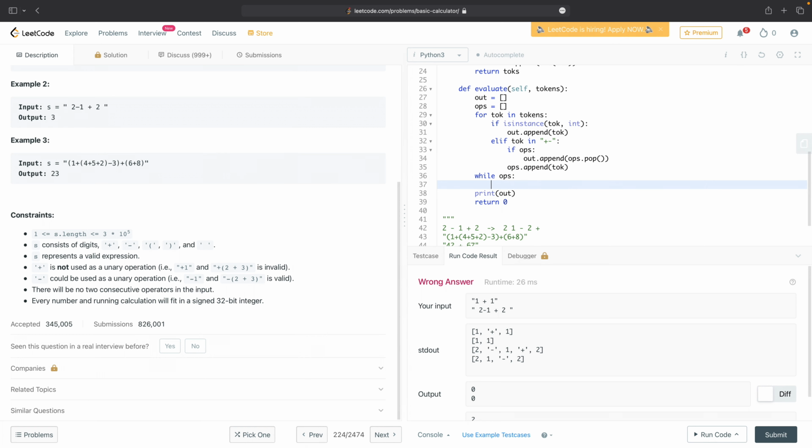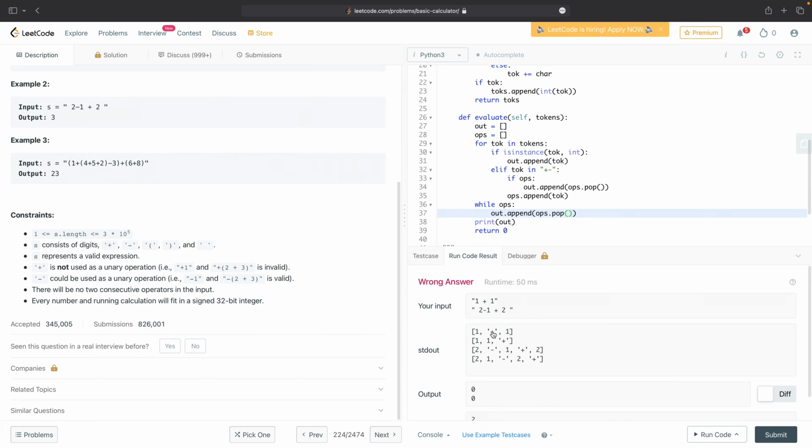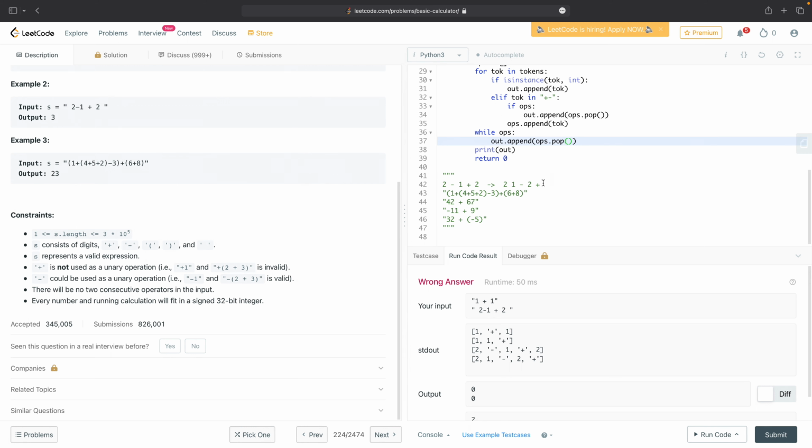While ops: out.append ops.pop. So now we've got 1, 1 plus, and now we've got 2, 1 minus 2 plus. So that's exactly what we expected to see.